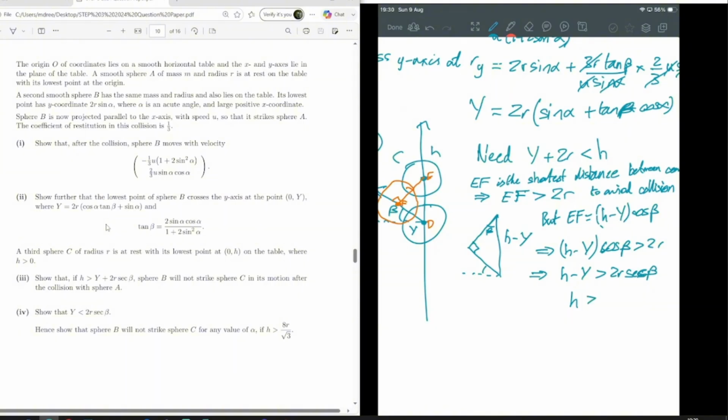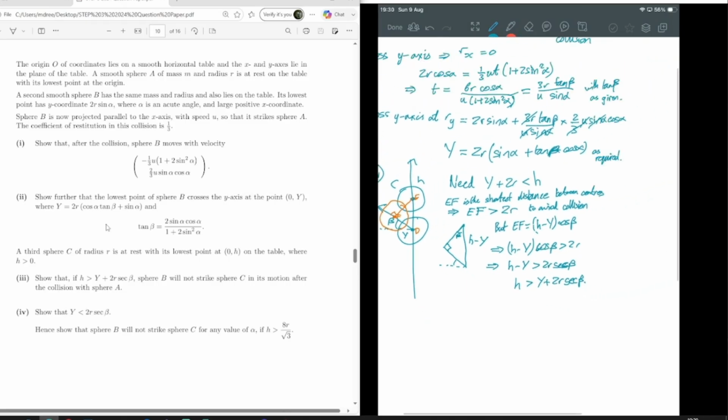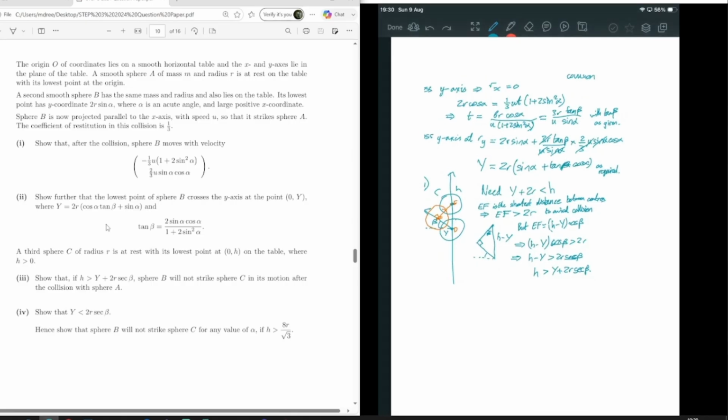So h has to be greater than y plus 2r sec beta. And if we do go back to our first thought, this still does hold. Sec is always strictly bigger than 1, certainly for acute angles. So that condition automatically holds with this slightly stronger condition being put on.